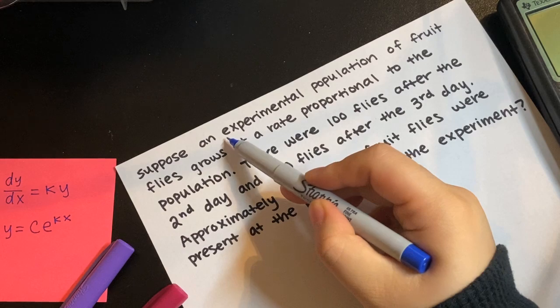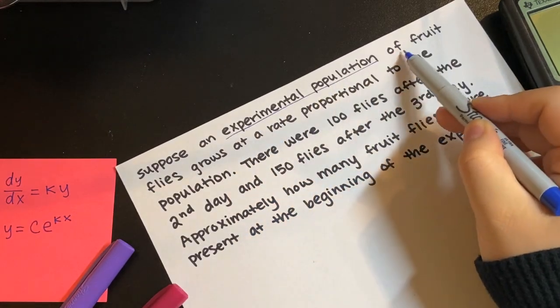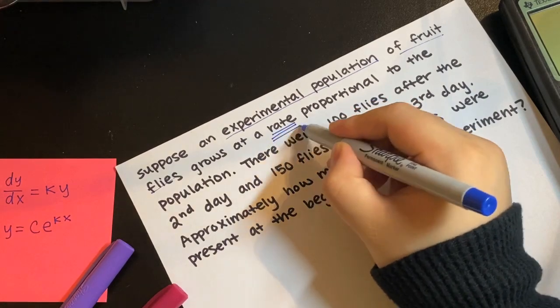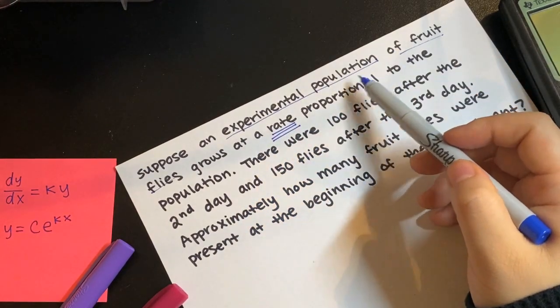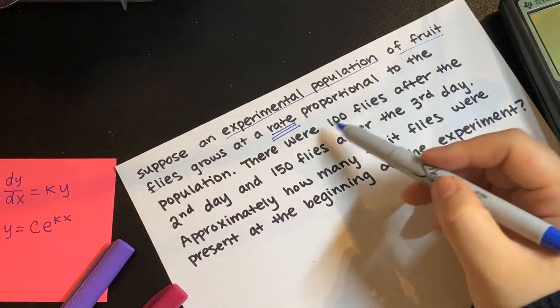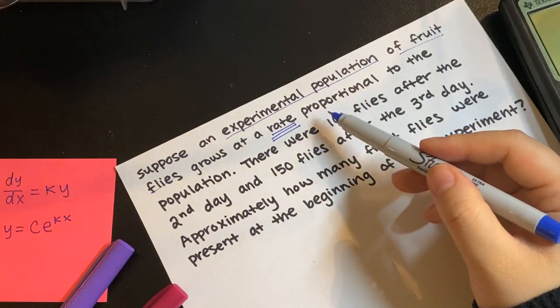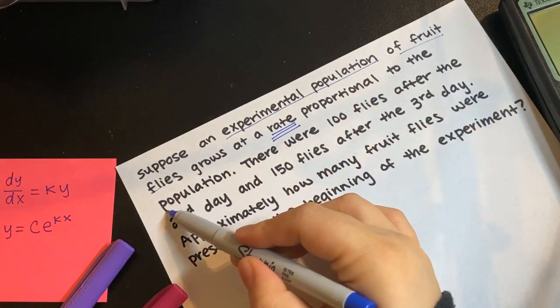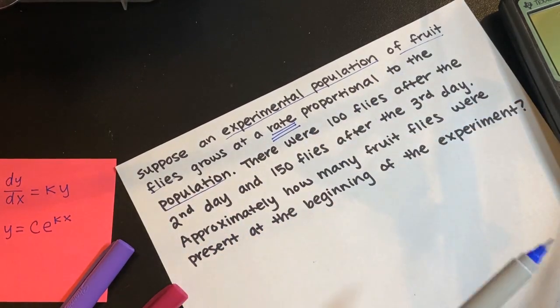So the population is growing at a rate proportional, which means it varies directly or is directly proportional to the population at a given time.